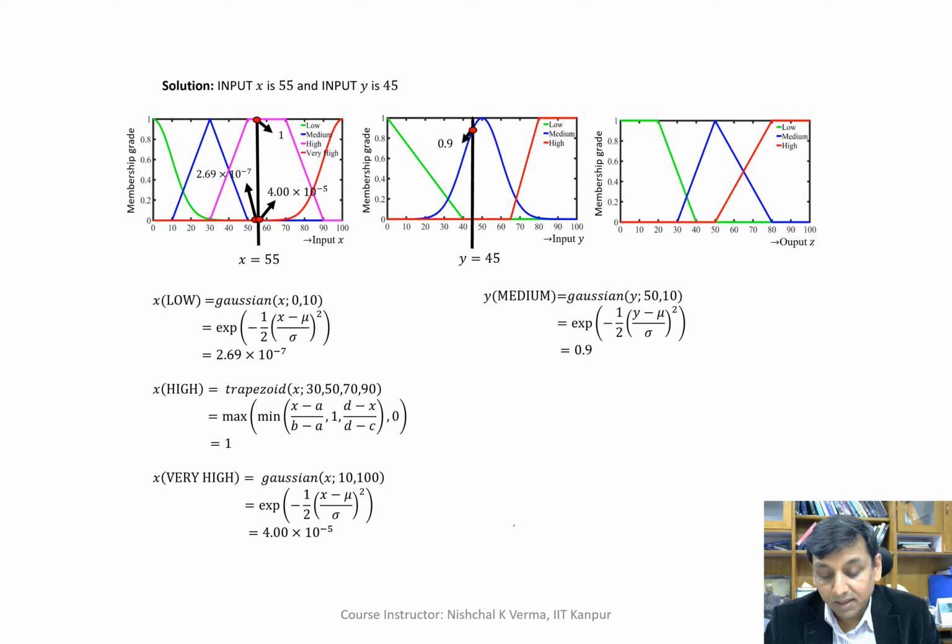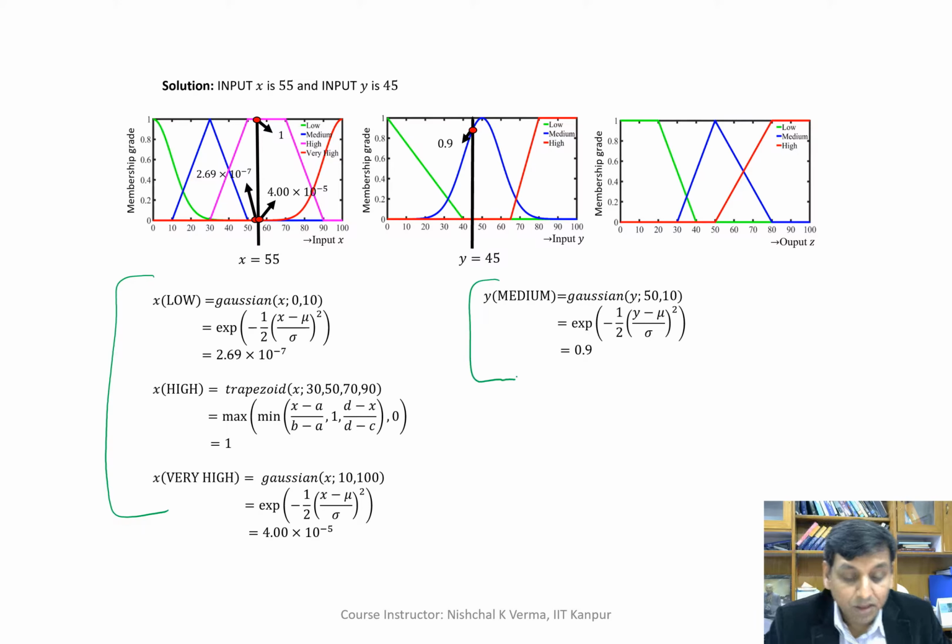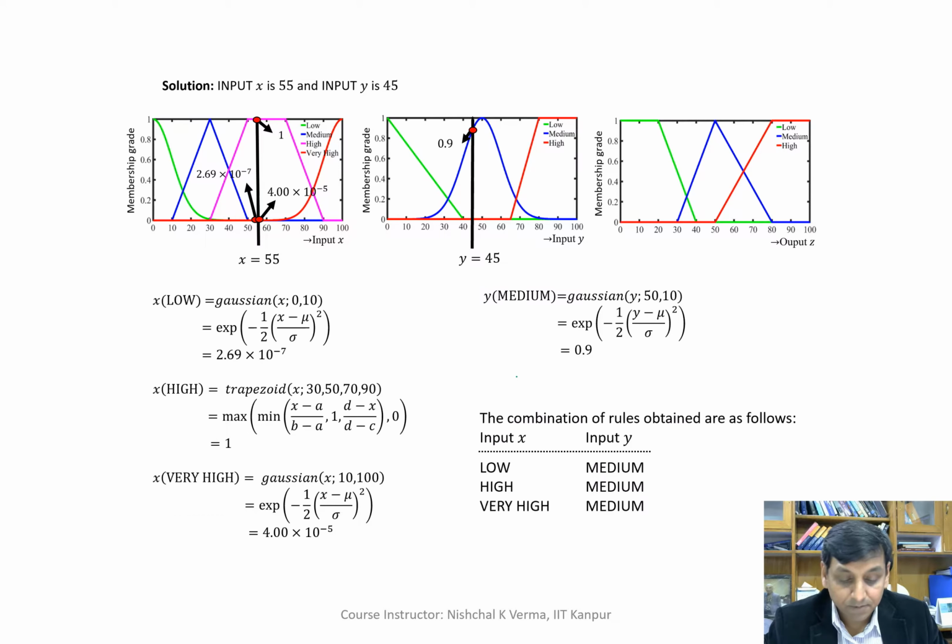Before this, let us first find the values also, like the points of intersection, the intersection values. You can just look at these values, and we can come to this later also. These are the membership functions which are characterizing the corresponding fuzzy sets.